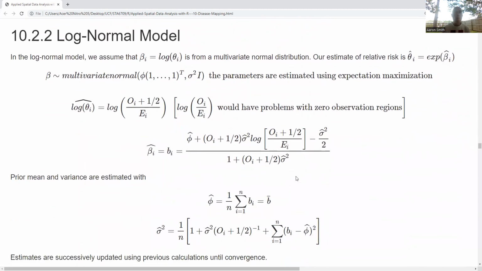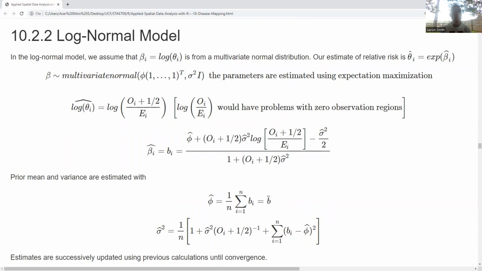All right, now let's take a look at a log normal model. We're going to assume that there is a beta that's equal to the log of relative risk, and these betas are going to be multivariate normal distribution. So our estimate of relative risk is going to be the exponential of the multivariate normal distribution object.